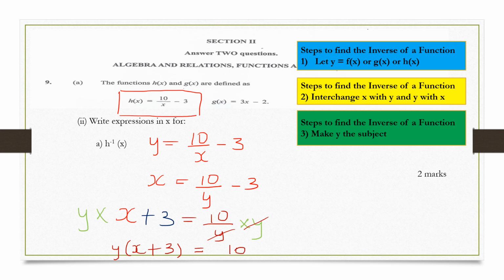Okay, so remember we want to make y the subject. So we're multiplying y by x plus 3. So what we're going to do is y is equal to 10 over x plus 3. So h inverse of x is equal to 10 over x plus 3. And that's the answer.